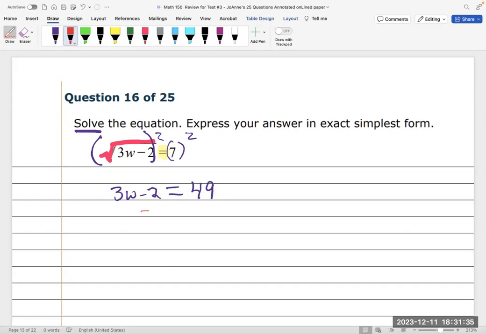Now do whatever you want to both sides to isolate that w. I'm going to add 2, not 3. Opposite of multiplying is dividing.